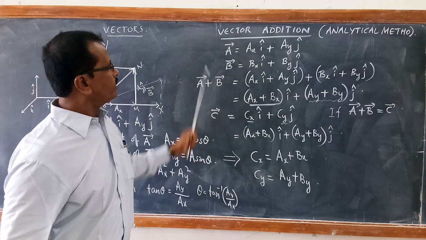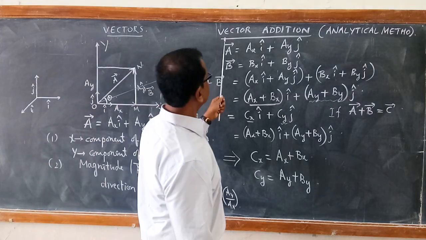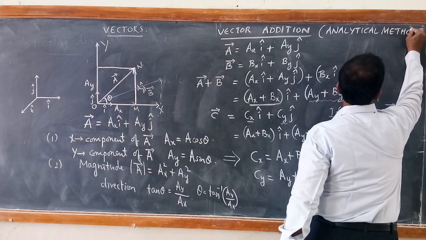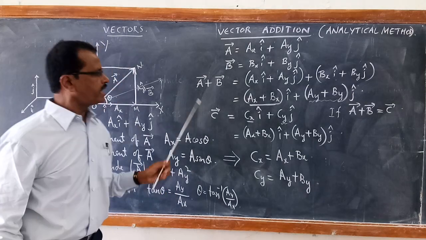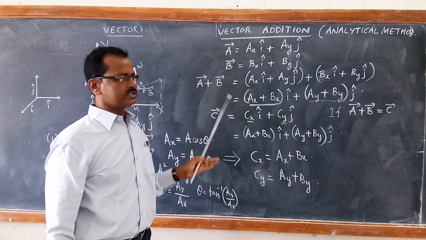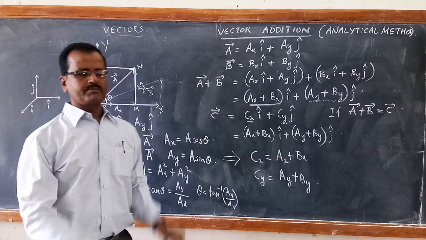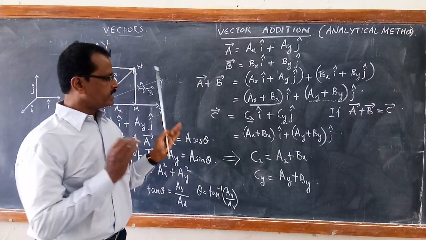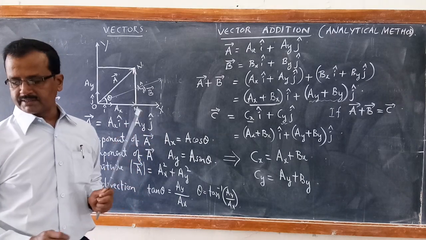In this way we can have vector addition, and this method is called the analytical method, wherein we add the components. X components are added, y components are added separately, and thus we get addition of vectors by the analytical method.